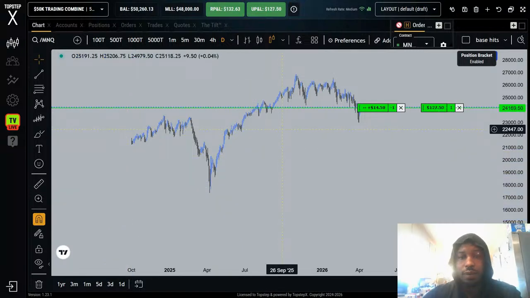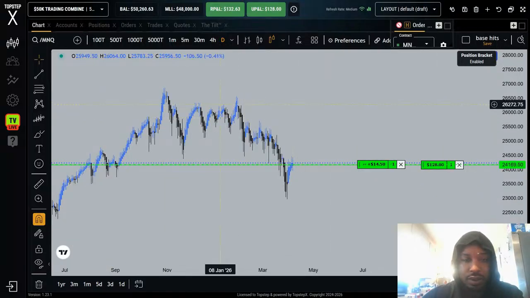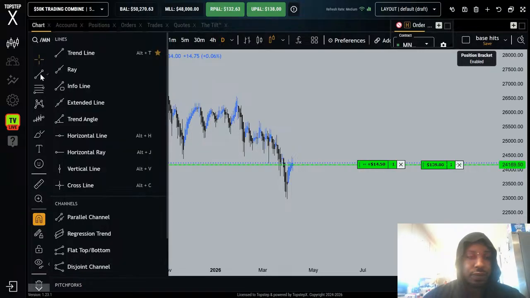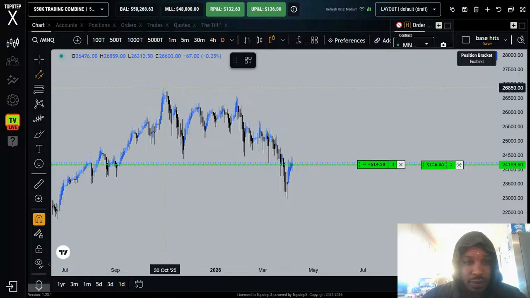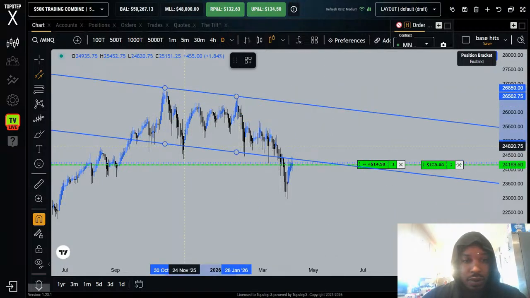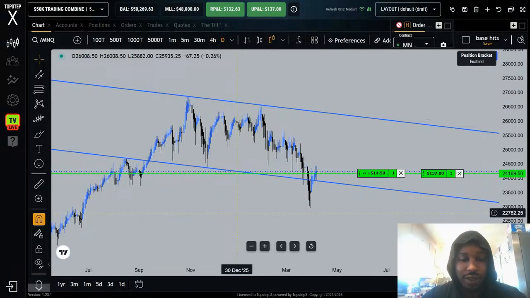So let's say we start from the all-time high right here. And since I trade channels, I'm going to be looking to find an ascending channel, a sideways channel, or a descending channel. And here we have a perfect example of a channel.